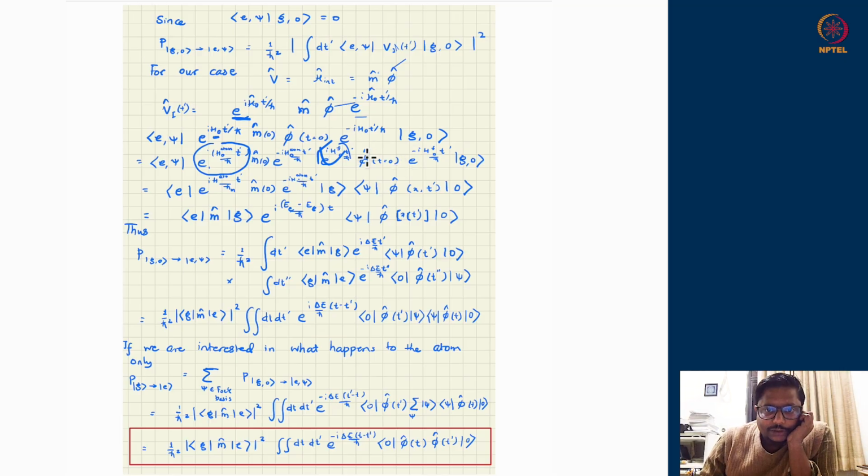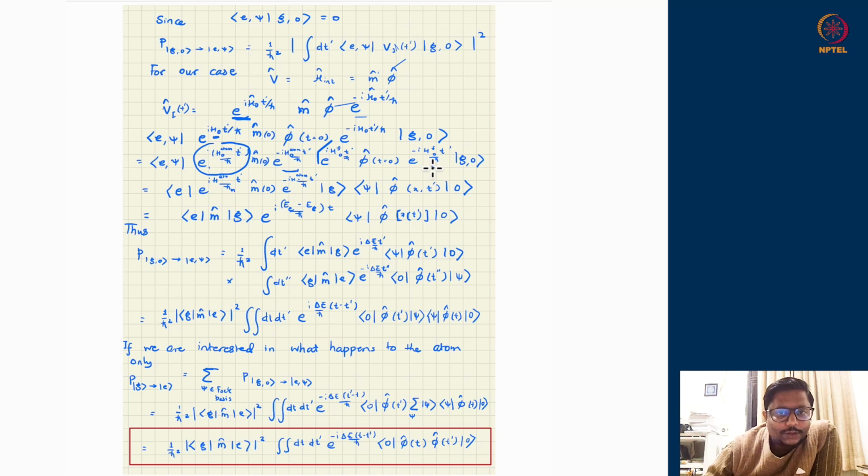Similarly, on the right-hand side, e to the power minus i H naught t prime upon h bar. Again, this H naught can be broken up into H atom and H field, with a minus sign at t prime. So I have the atom with a minus sign here and the field with a minus sign here. So I have just broken things apart. What do I do?